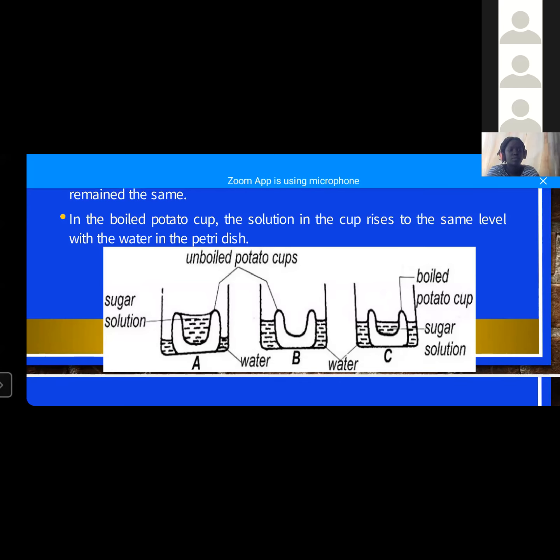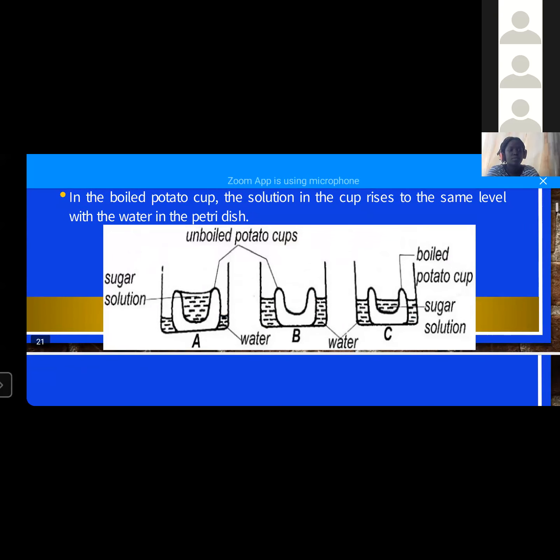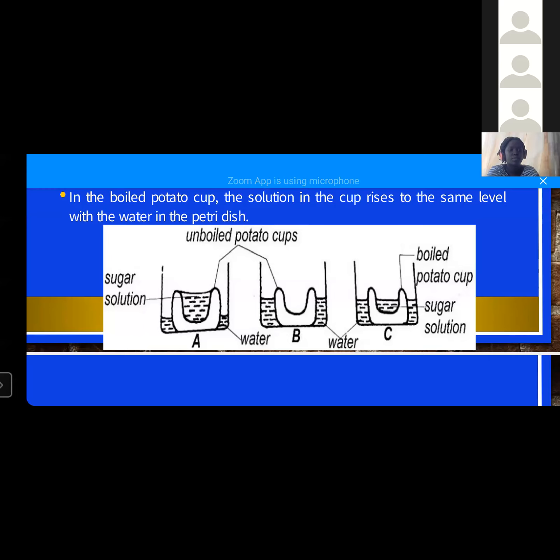And so we are going to go through and read through the procedure. Why is it that in C, water entered and they are on the same level? When you boil, you destroy the cell membranes. You remember these are living tissues, they have cells with cell membranes. You destroy the membranes, and so the membranes are no longer semi-permeable, they become fully permeable.